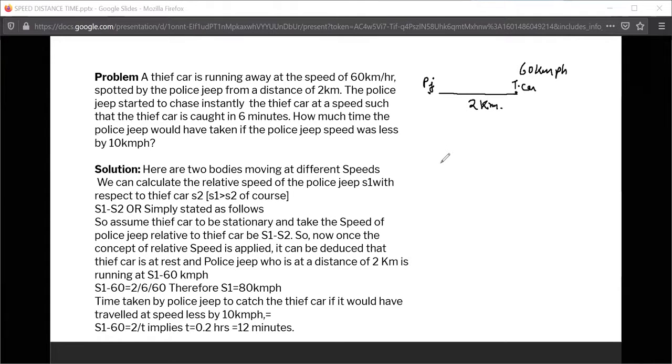The police started its chase and was able to catch the thief in 6 minutes. So naturally, from this point onwards, the thief has moved some distance ahead, and at this point, the police caught the thief. The time taken to travel this distance was 6 minutes.